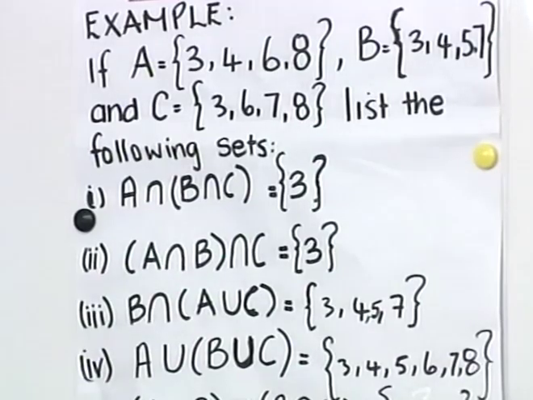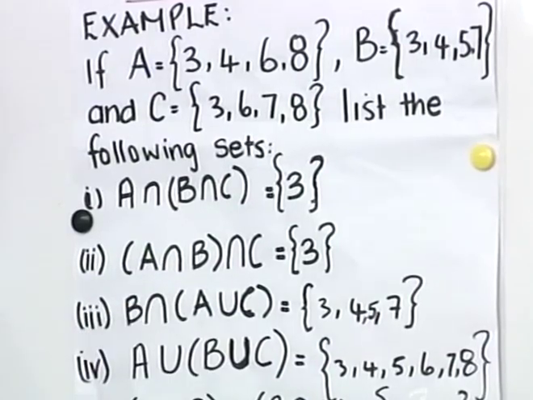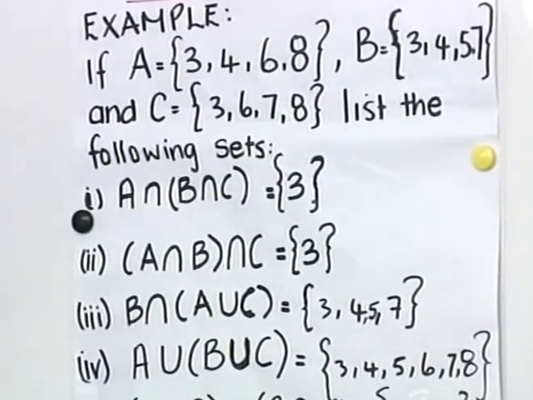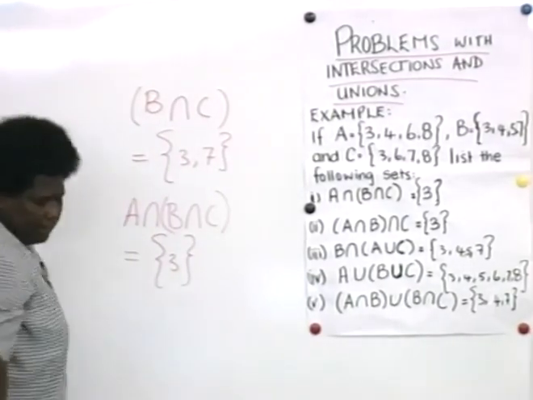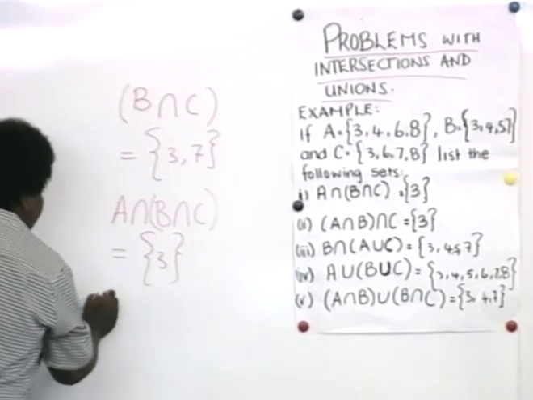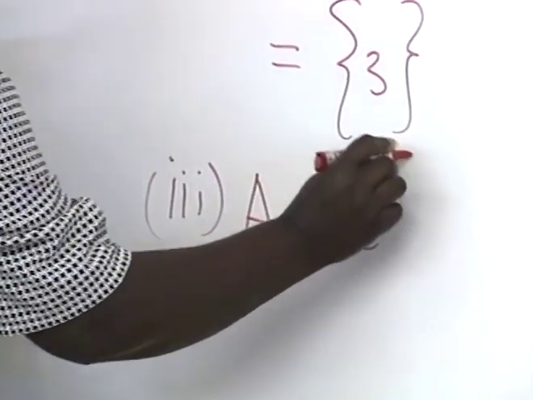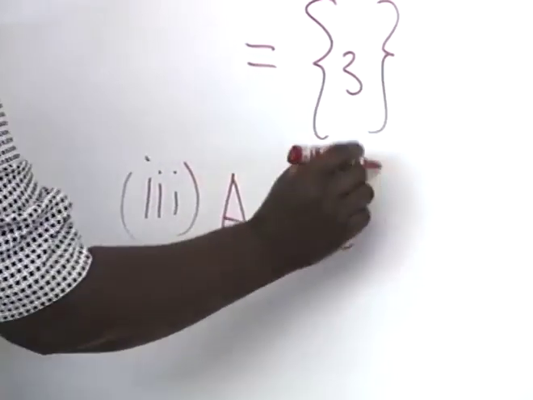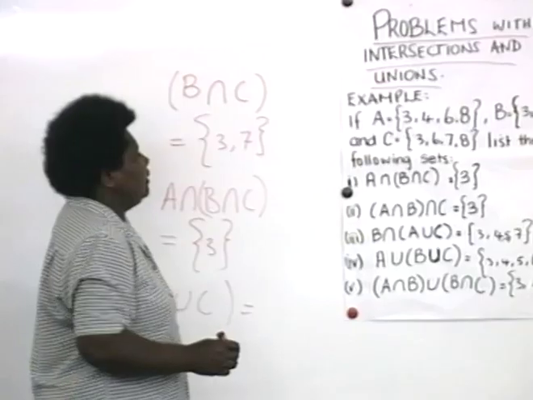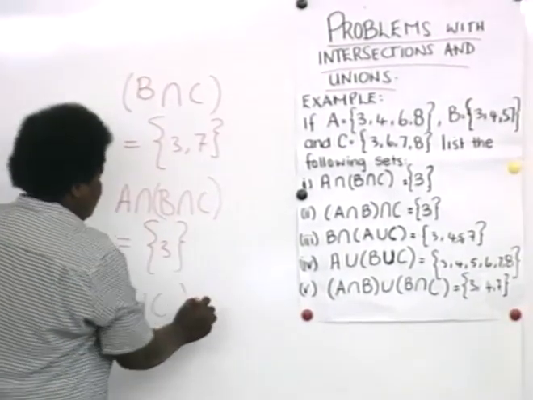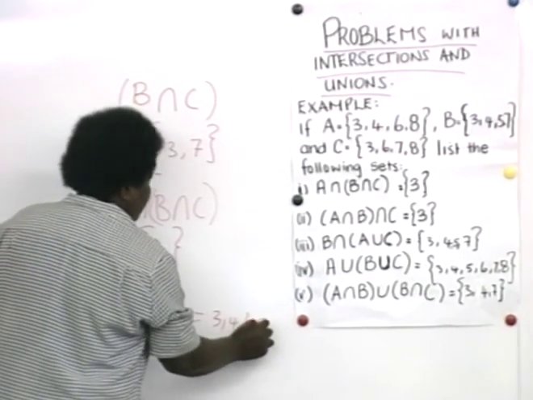All right, number 3, B intersection A union C. First, we have to find the set A union C. A union C will be all the numbers in A and all the numbers in C. So it's 3, 4, 6, 7, and 8.